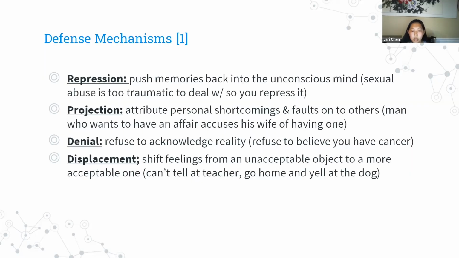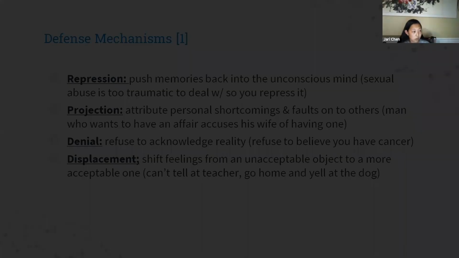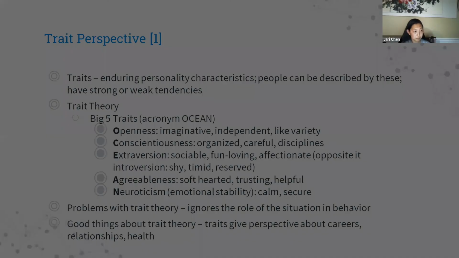Defense mechanisms are the way your mind changes something to prevent yourself from having problems. For example, denial is a big one. If somebody tells you you have cancer, you might go through this stage of denial, refusing to acknowledge reality because maybe your brain just can't comprehend that. There are a lot of these defense mechanisms.